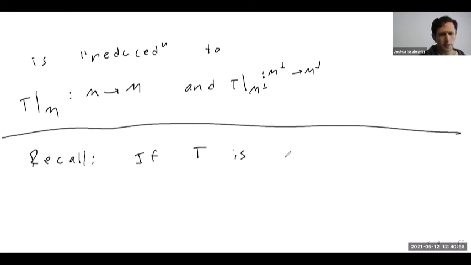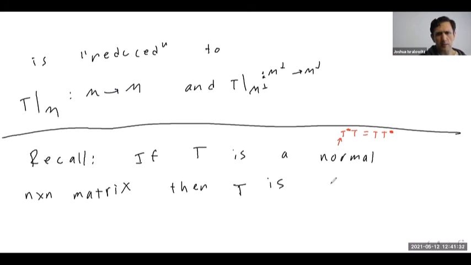So if T is a normal n by n matrix, and remember what normal means: it means T star T is T T star, where star here is just the adjoint matrix. Transpose, complex conjugate, everything. Then T is diagonalizable.